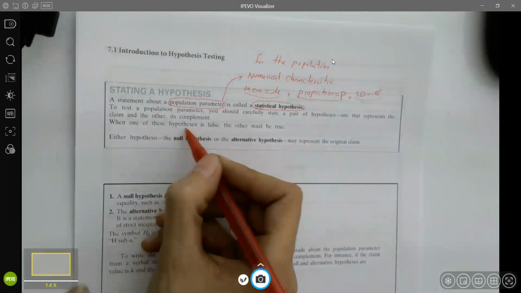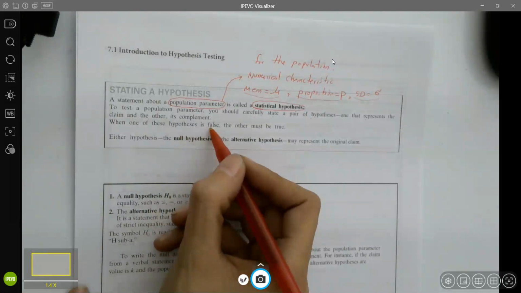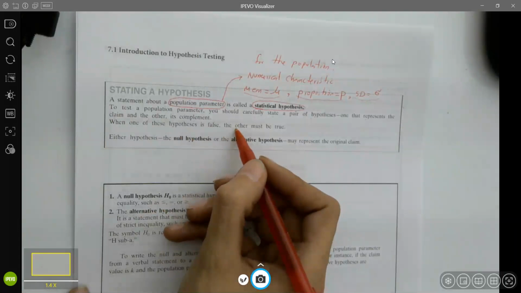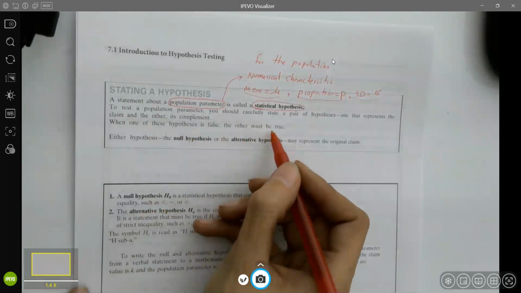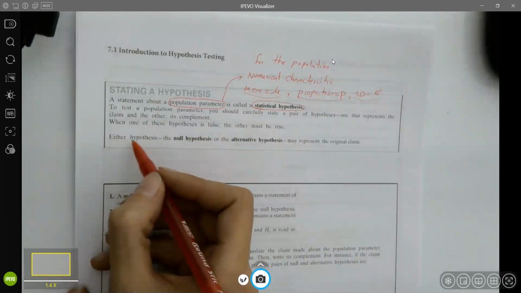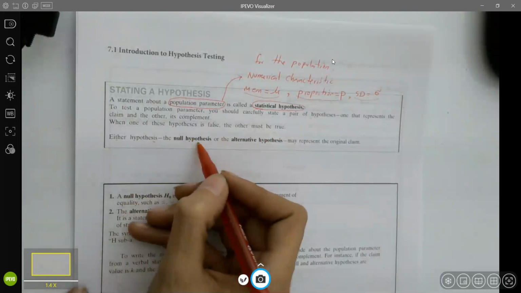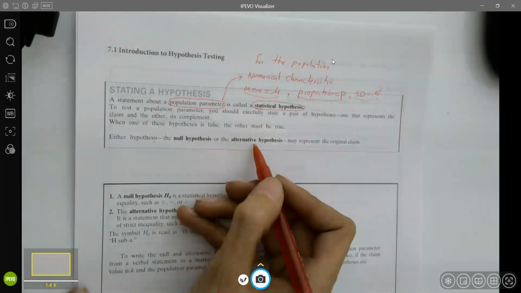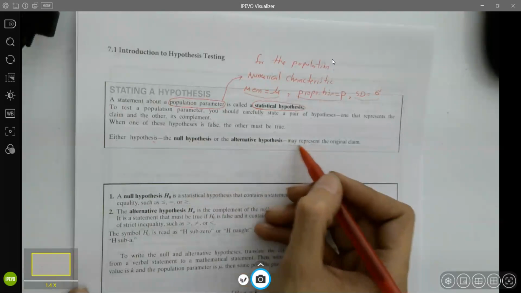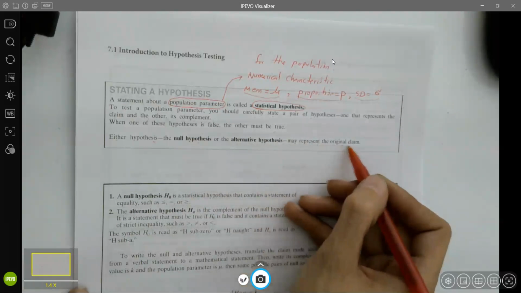When one of these hypotheses is false, the other one must be true, again based on the data that you have. Either hypothesis, the null or the alternative, may represent the original claim.